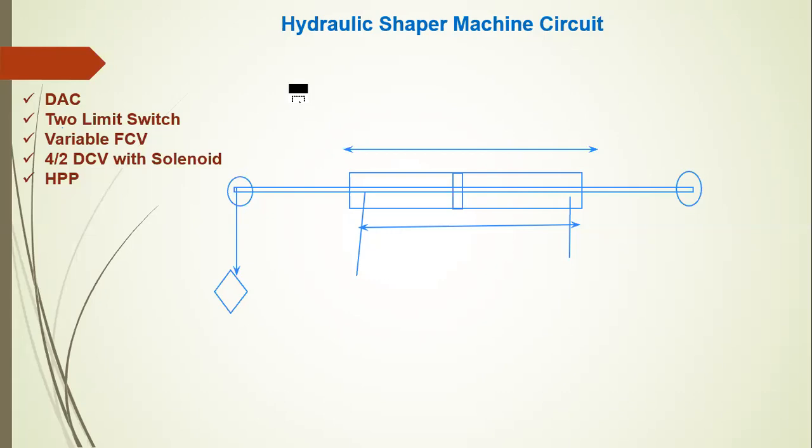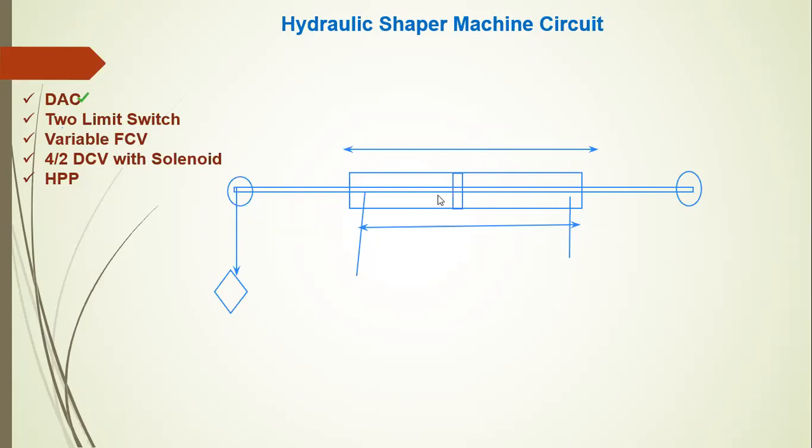Let's see how many hydraulic components are required to operate the hydraulic shaper circuit. First, one double acting cylinder is required to operate the reciprocating motion.